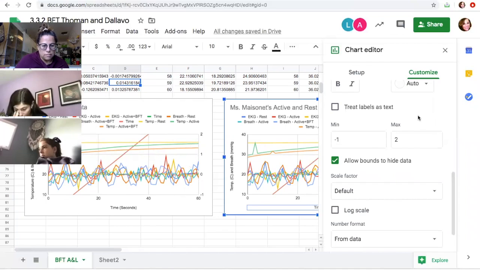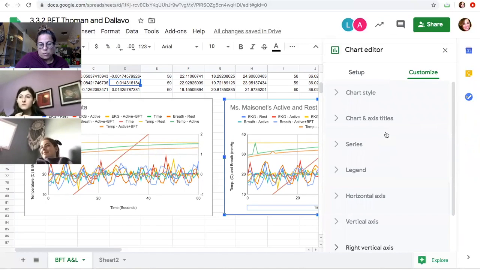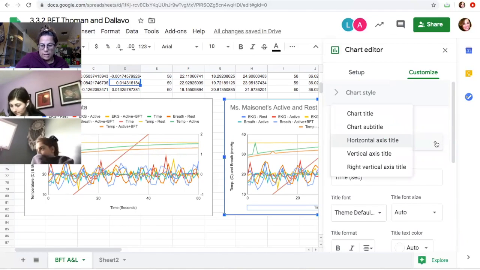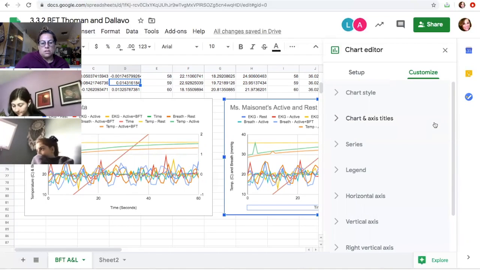Ah, look at how beautiful they're just coming along. So one of the last things we need to do is label that right Y axis now. Go back up to the top where we have chart and axis titles. Drop down your menu and highlight right vertical axis title and change that title to EKG.